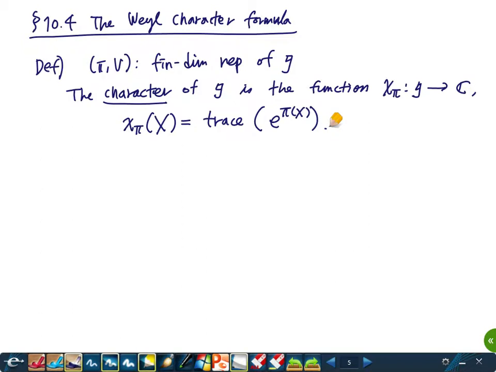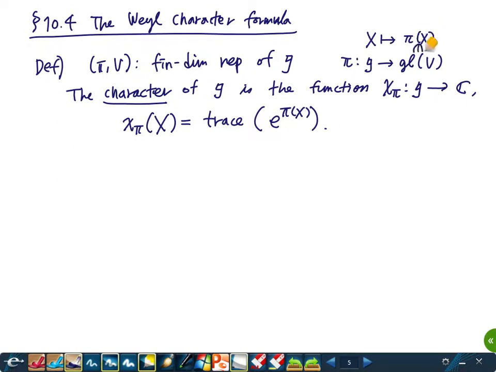Because what is a representation? Representation means we go from here to GLV for this representation. So whenever we have an element here, say x, this gets sent to an element, which we denote, of course, pi of x.